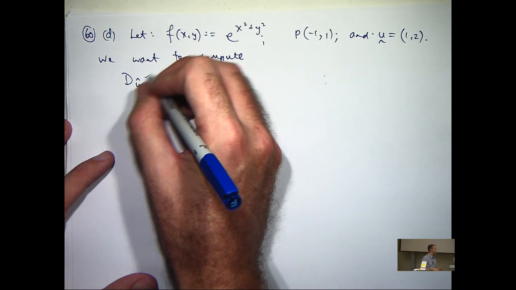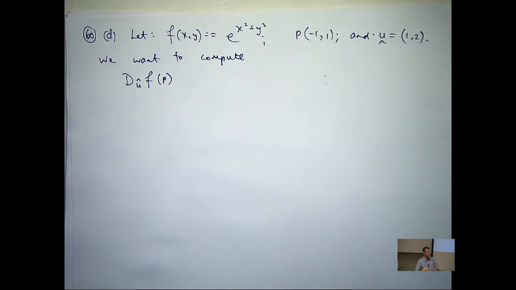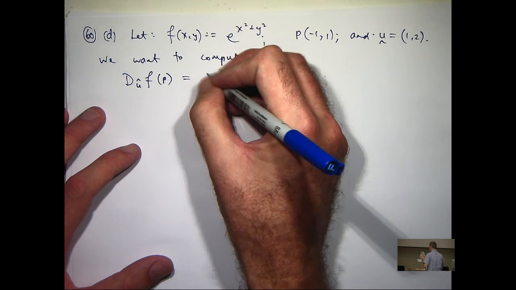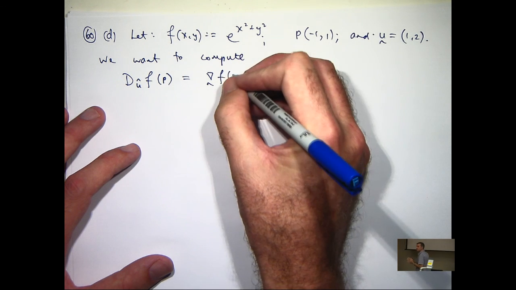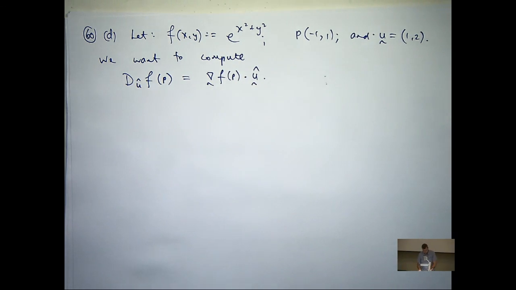So we want to compute this directional derivative, right? And we know that because our function's differentiable, we can use the dot product. So it's just this dotted with this. So let's do the gradient first.